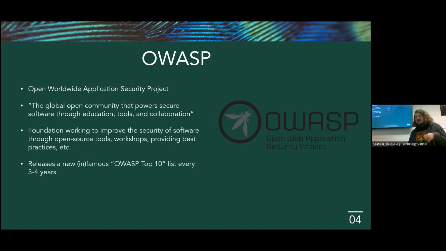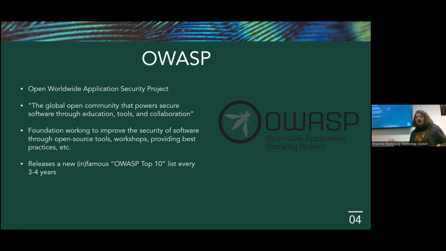They also give seminars and workshops to provide best practices when developing applications. And of course, their most, some would say, infamous document is the OWASP Top 10. This is released every 3 to 4 years, depending on what's going around in the environment.